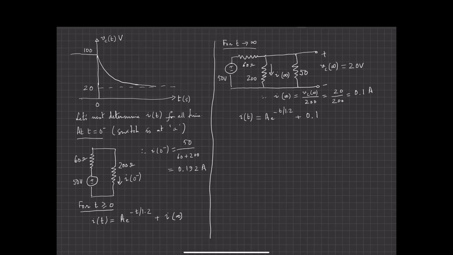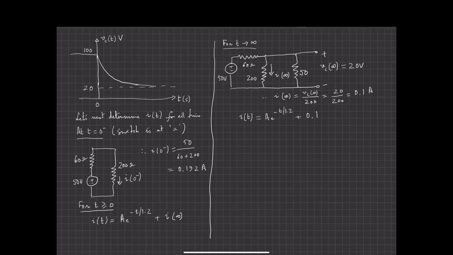All that remains is to determine the constant A. In this case, this is a current through a resistor, which we know can change instantaneously.